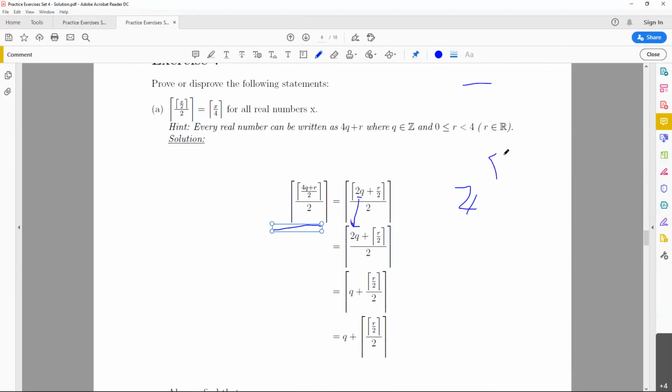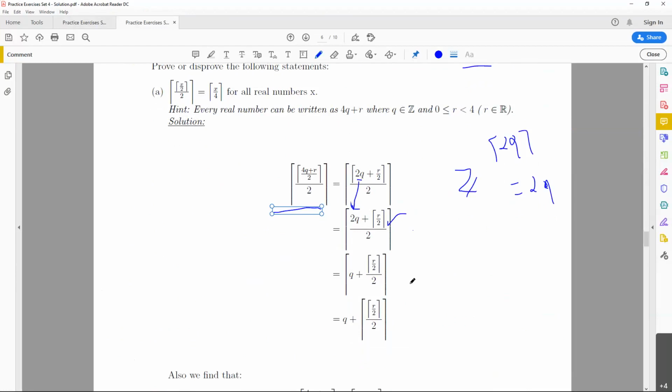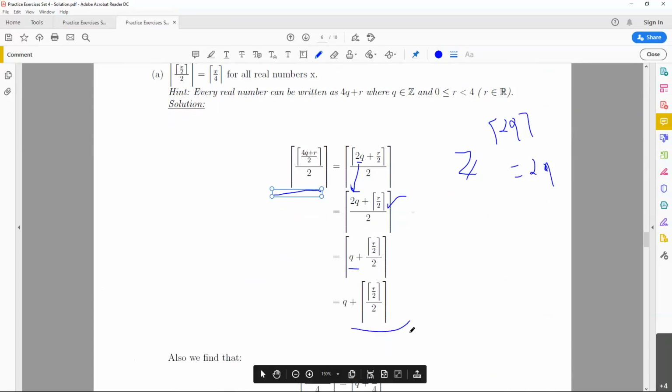So the ceiling of 2q or the floor of 2q is just going to be the same. Plus r over 2. Okay, q again with 2, and it goes outside because q is an integer. We're left with this. We can't really do anything with r just yet because r can be anything here.